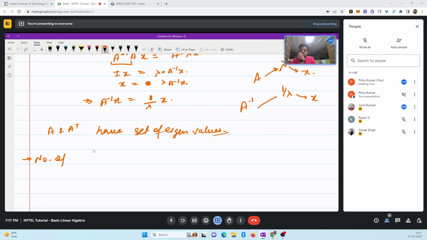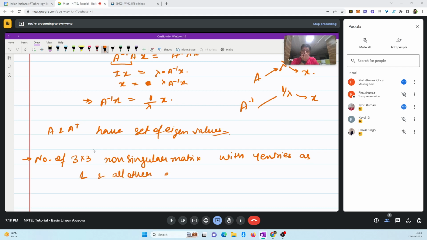Number of 3 by 3 non-singular matrices with 4 entries as 1 and all other entries as 0. So what you want is this number, right?